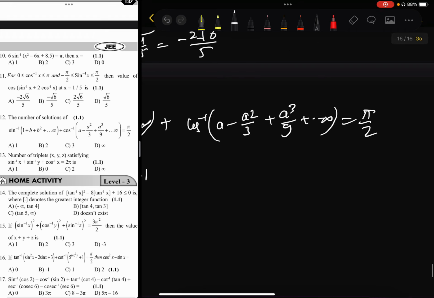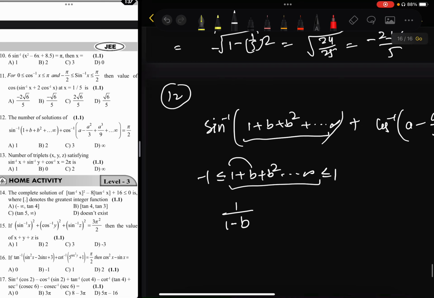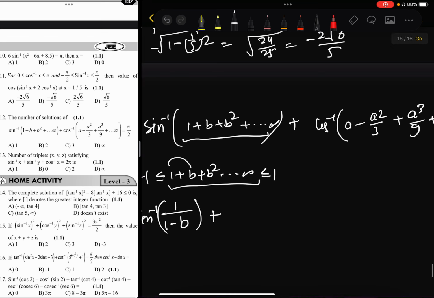So just see, I am writing the sum of infinite GP equals a upon 1 minus r, r is the common ratio. So this is sine inverse of 1 upon 1 minus b plus cos inverse, again first term divided by 1 minus common ratio. So the common ratio here is a by 3.